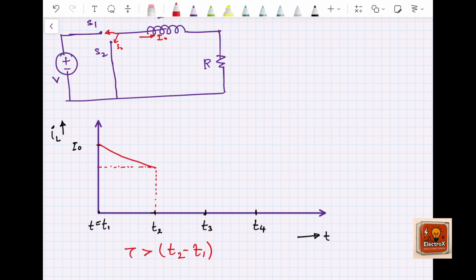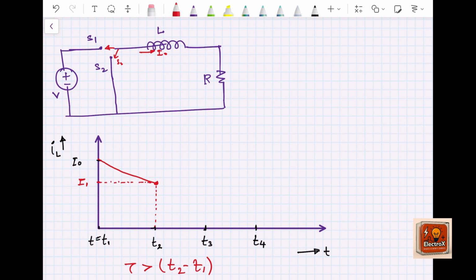Let us say this is I1. At that instant, we throw the switch back to position S1. So this inductor will be reconnected to the energy source V, and it will start building its energy again as earlier. So the current will again start increasing.